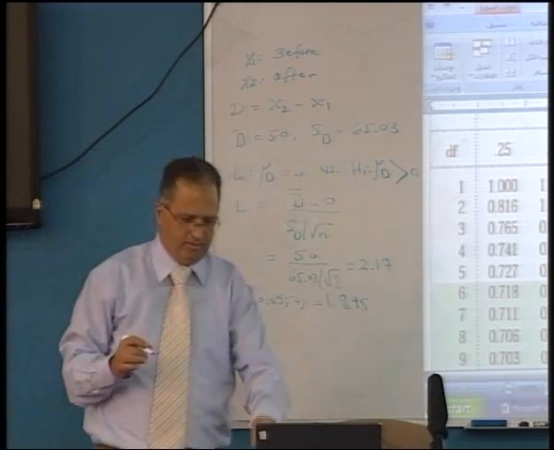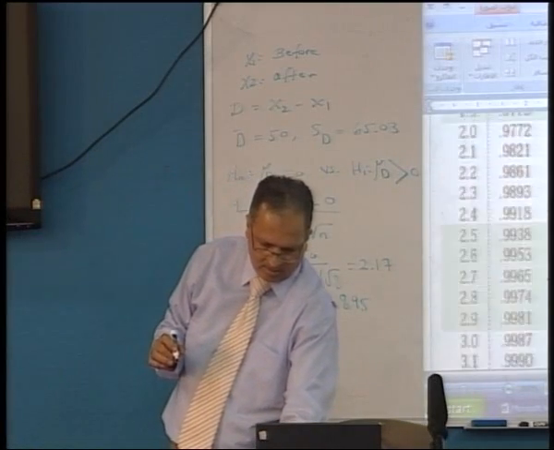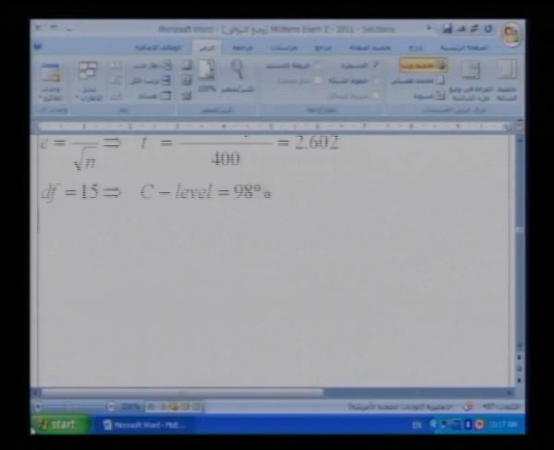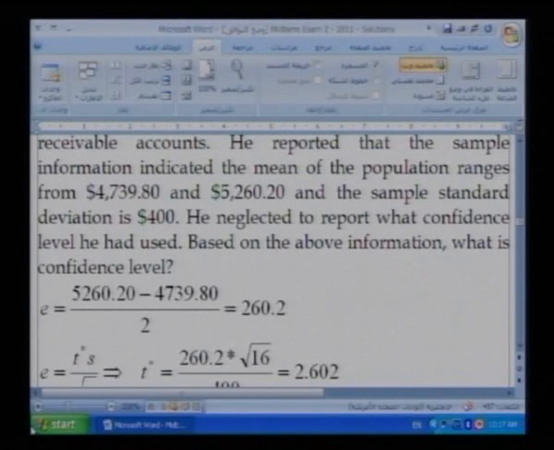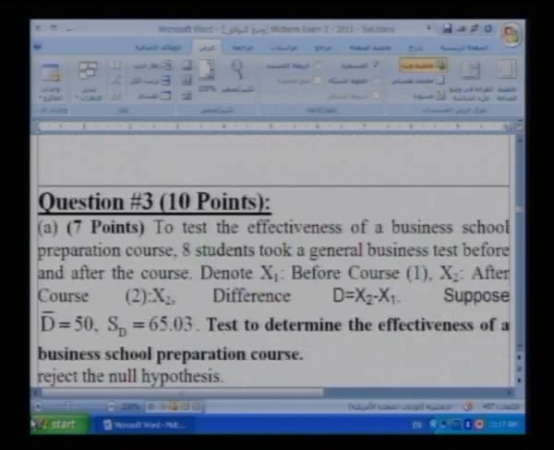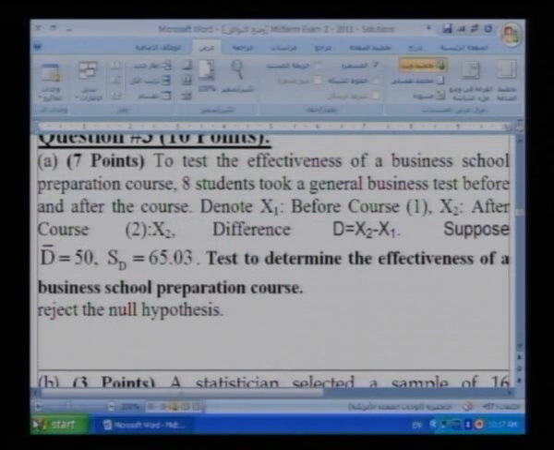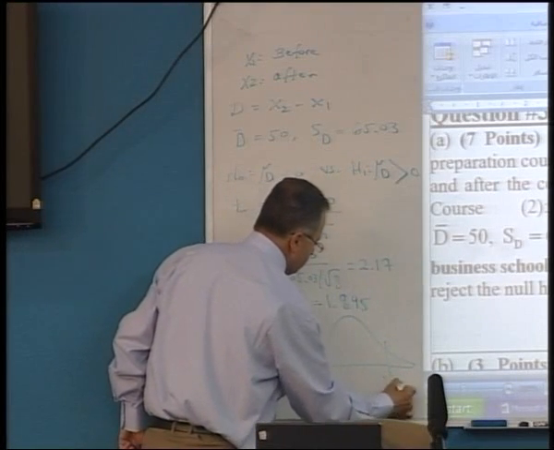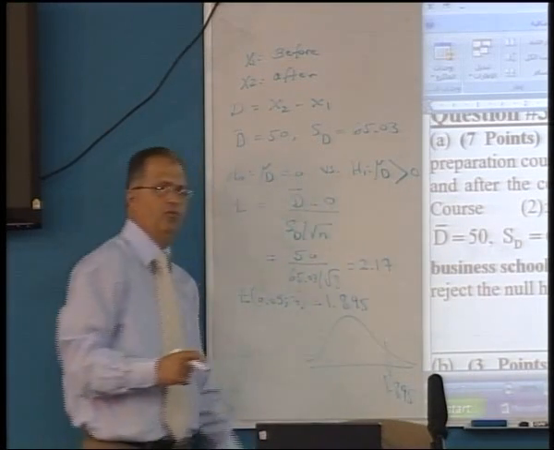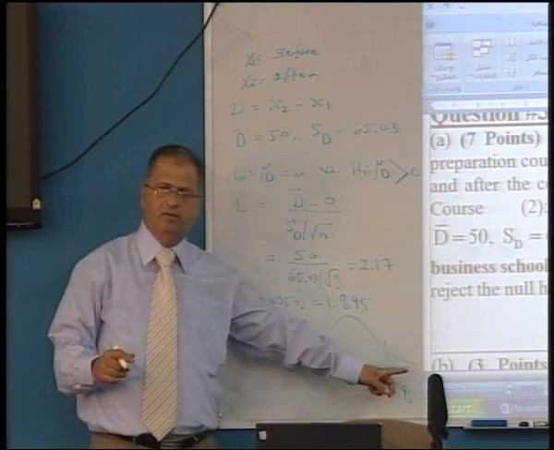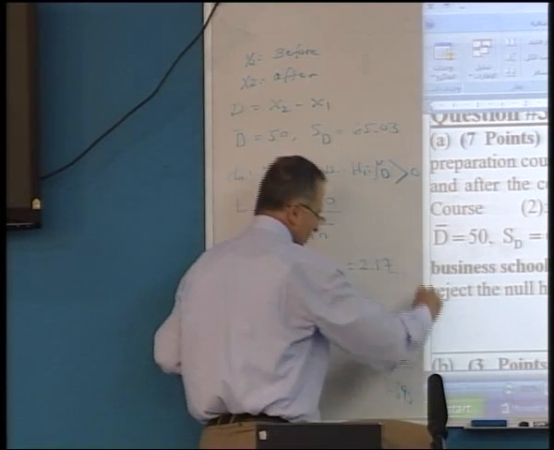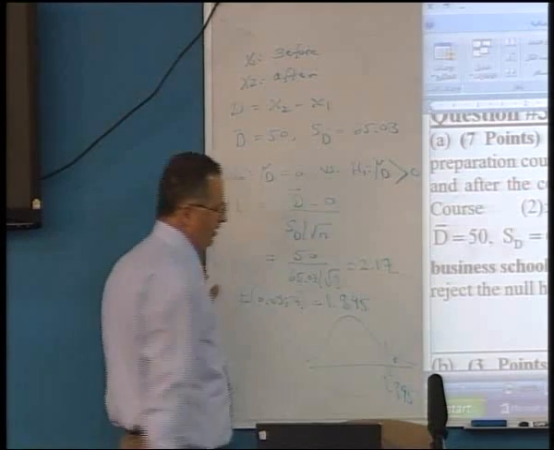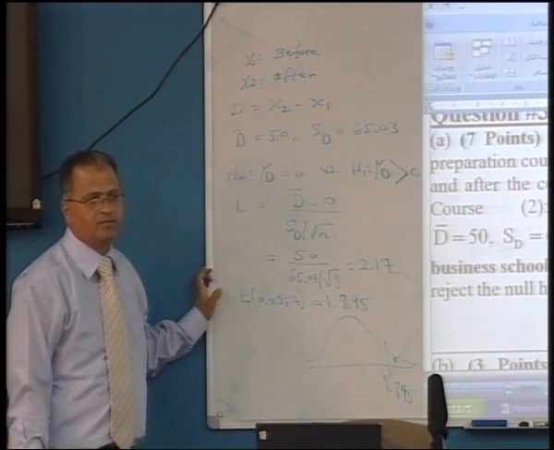So my T value is greater than the critical value, so we reject the null hypothesis, because the rejection region starts from 1.895, and this value is actually greater than 1.8.